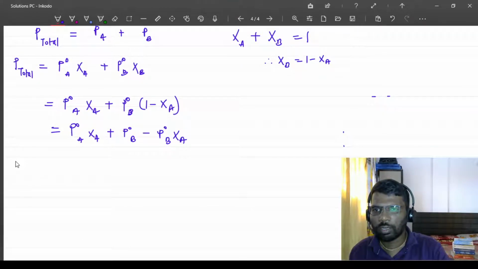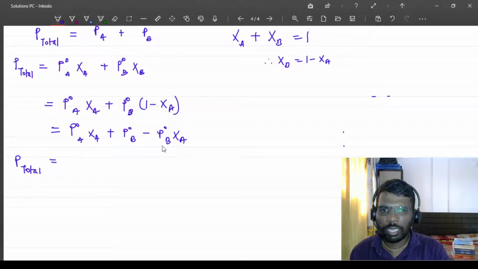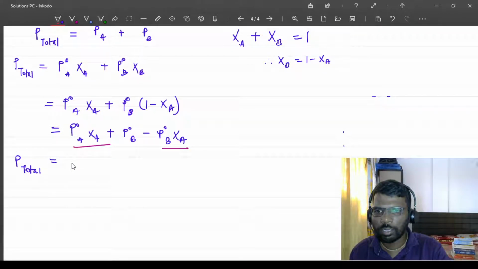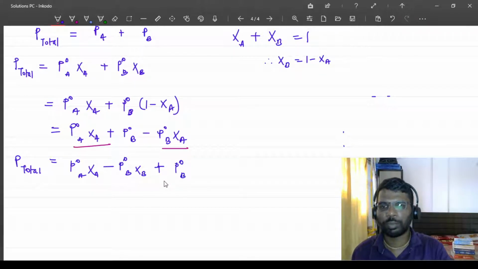So therefore P total is equal to, if in this example you see that xA is common, so what I'll do, I'll take them together: P naught A xA minus P naught B xA plus P naught B, right?